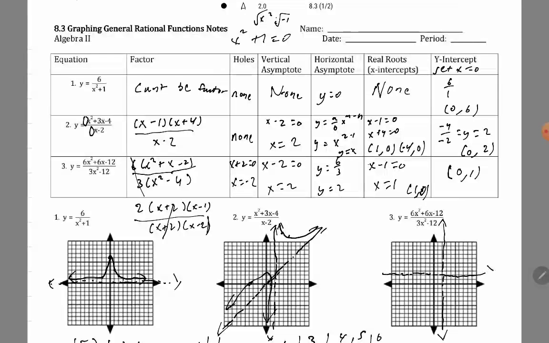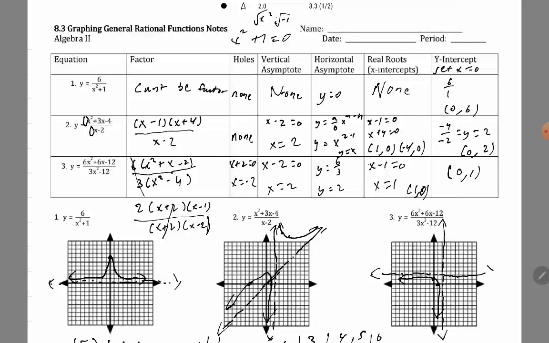And then we have a point at 1, 0. And we have a point at 0, 1. So we can get the idea that it looks like this. Not so bad.